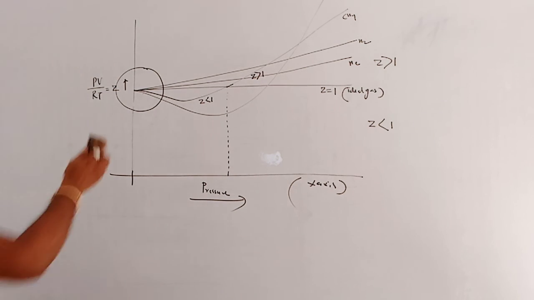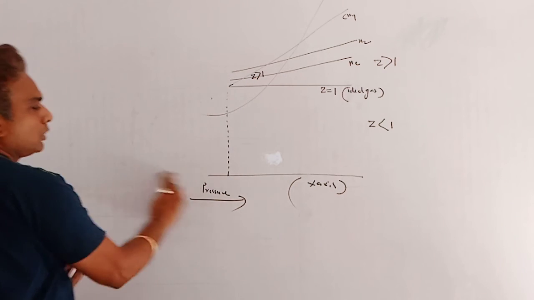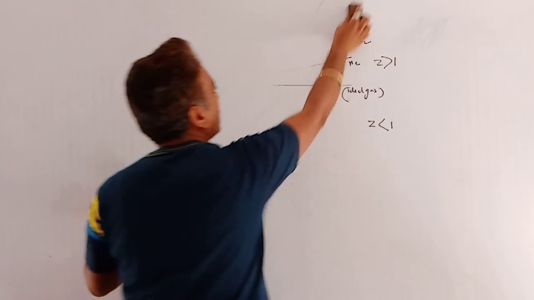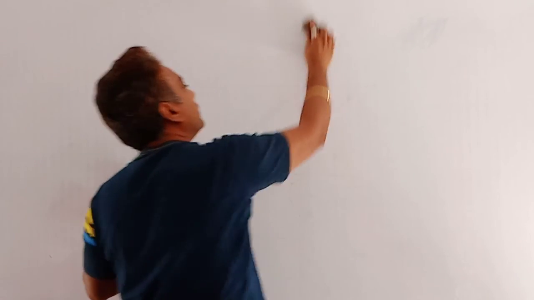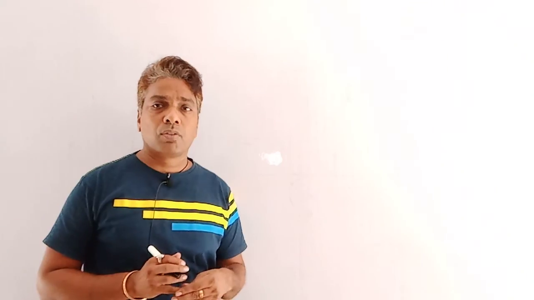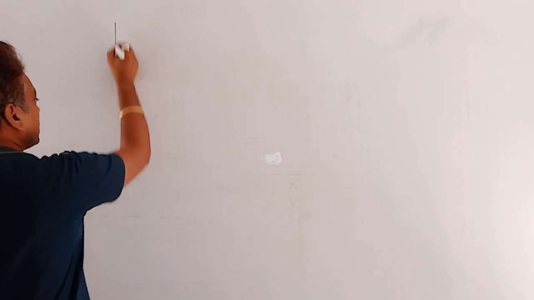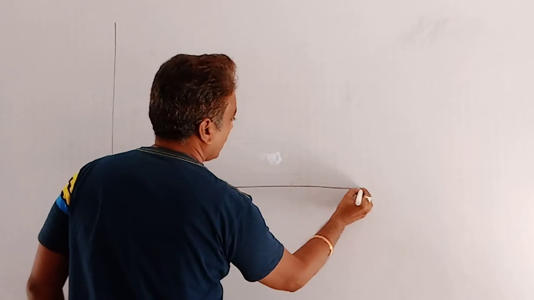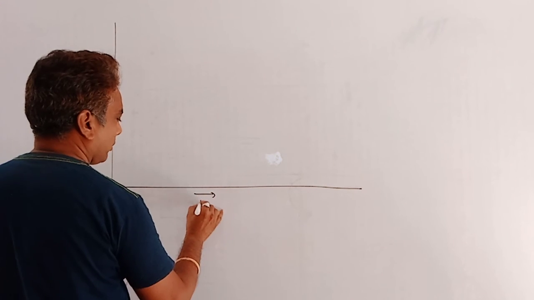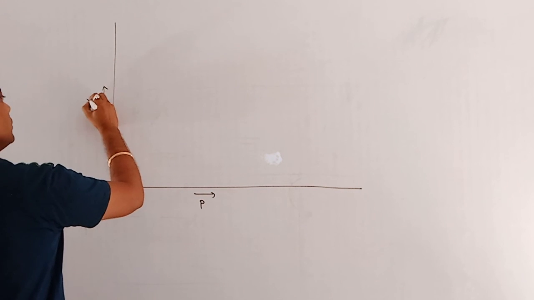Now, the liquefaction of real gas. For the liquefaction of real gas, we can easily understand by using the PV diagram, the pressure versus volume diagram. Here is the pressure and here is the volume.